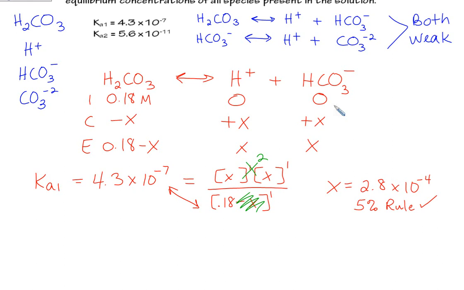So the only real equilibrium concentration that I can make note of at this point is just the carbonic acid. It'll be 0.18 minus x, which again, that x is so small that if I really just leave two sig figs, it doesn't change.